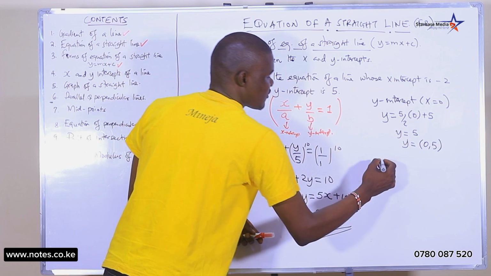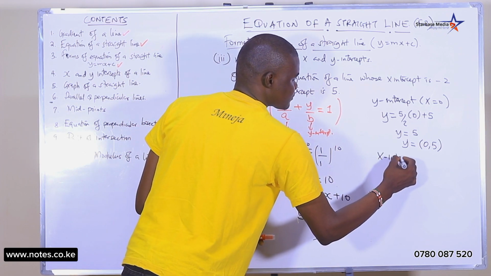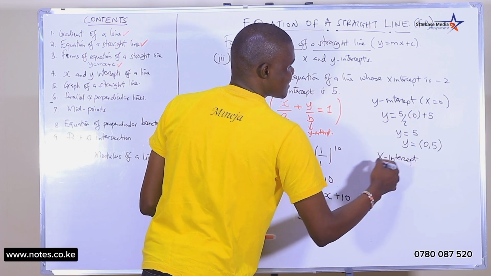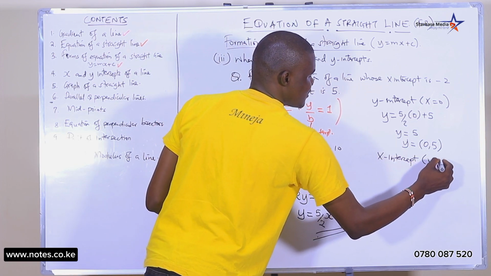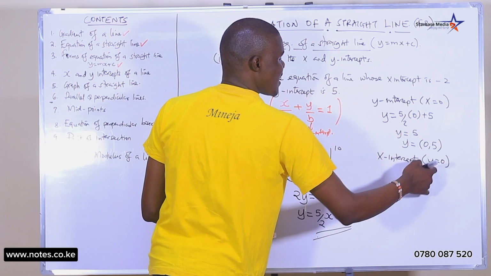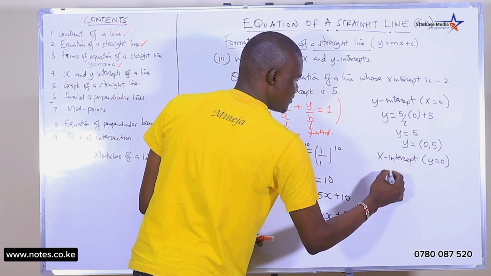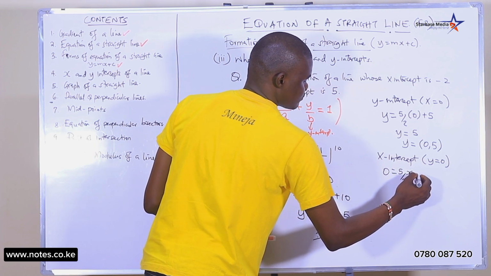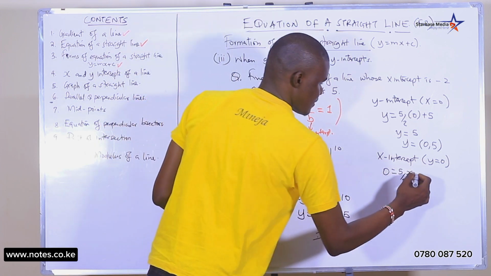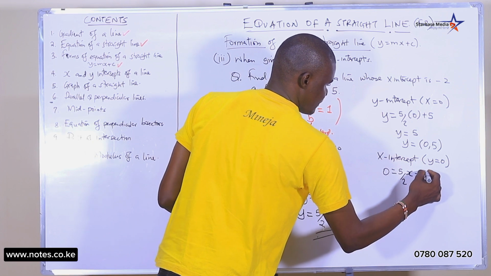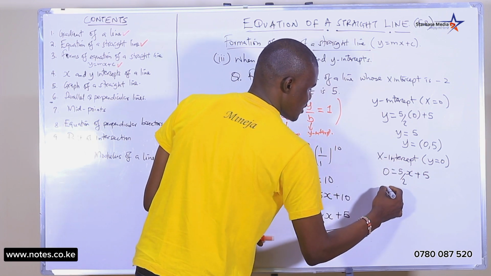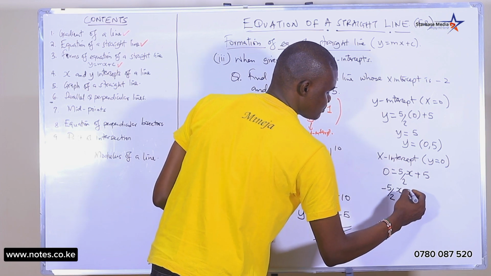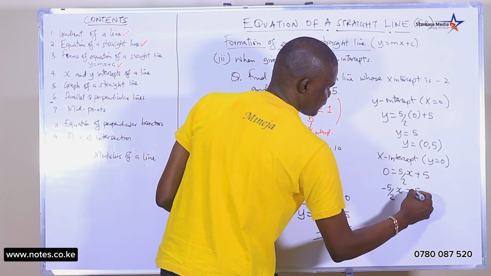And then when you are asked for the x-intercept, what do you do? You just say at x-intercept y is 0. So whenever you see y, you replace it by 0. So you say 0 is equals to 5 over 2 x plus 5. When you bring this across, it becomes -5 over 2 x is equals to 5.